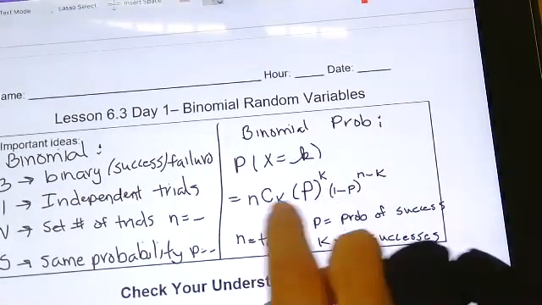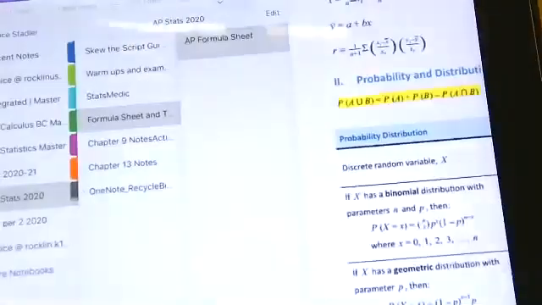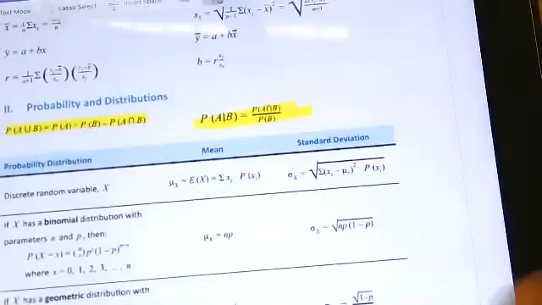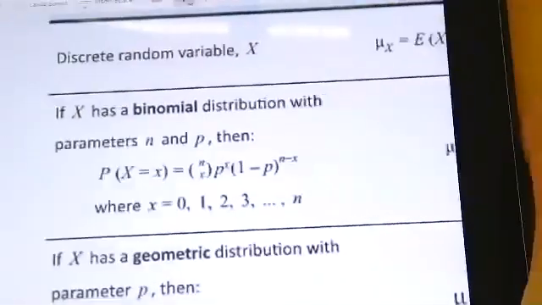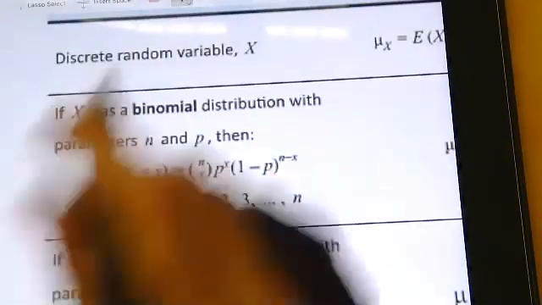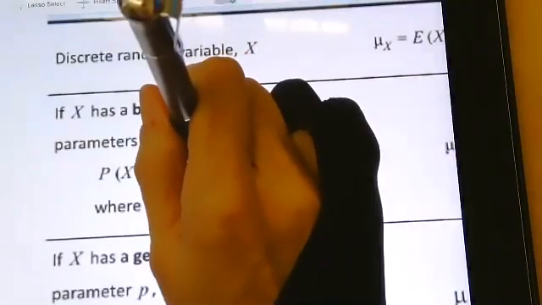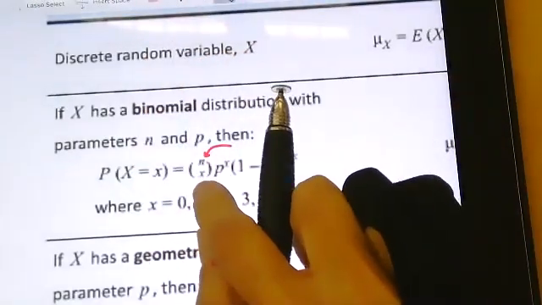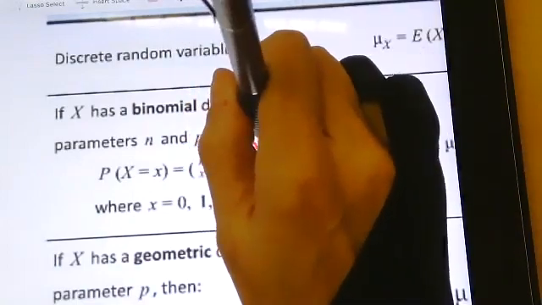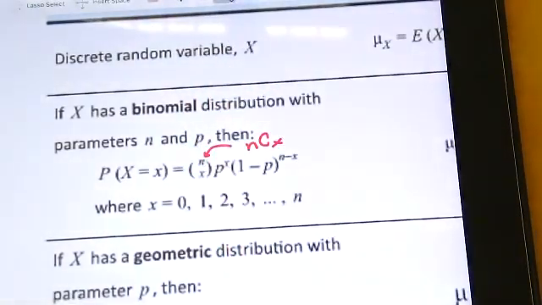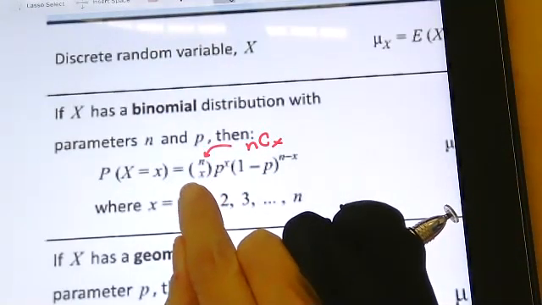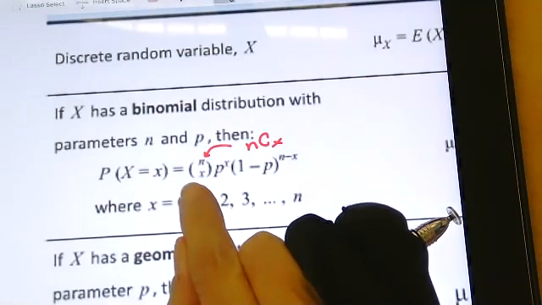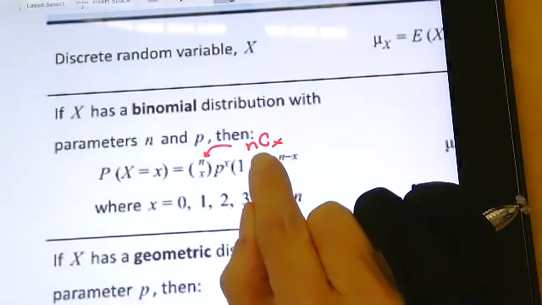Now, this formula, believe it or not, is located on your formula sheet. It is right there. Okay. This right here, this parentheses NX is the same as NCX or NCK. That's the same thing. It's not a fraction or divided or anything like that. That's just a different notation for this exact same thing.